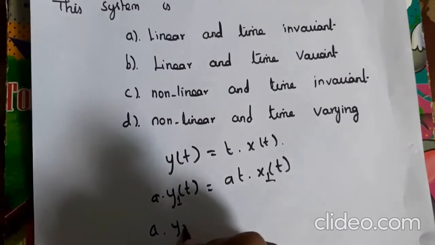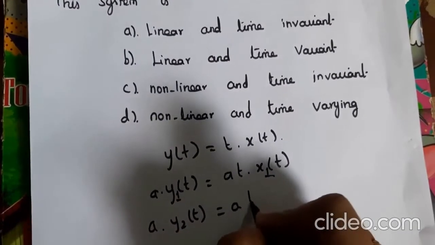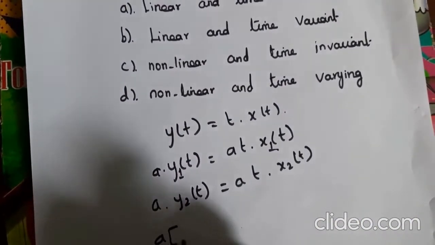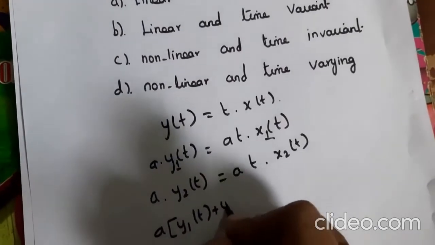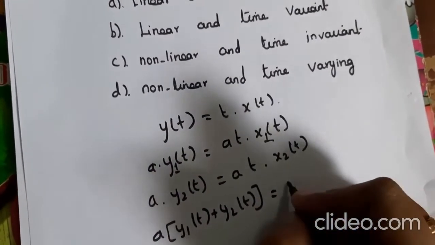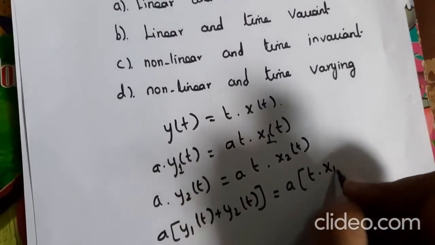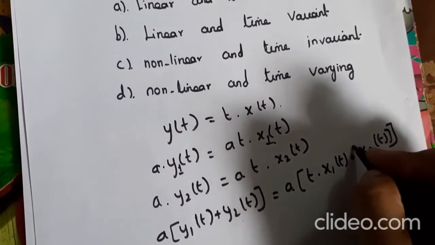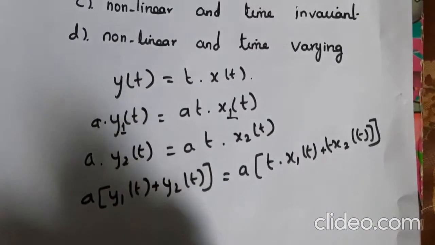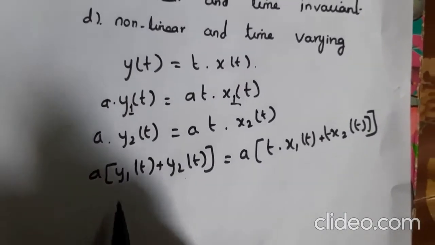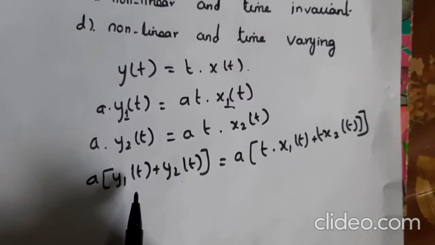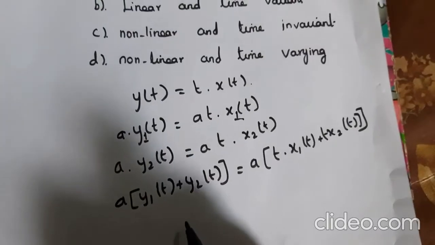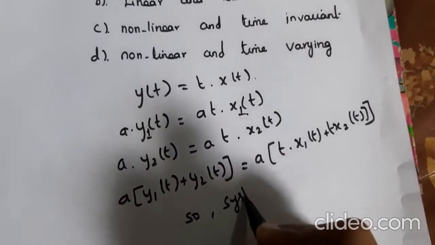Similarly, a into y2 of t is equal to a into t into x2 of t, and if we add these two, we get a into y1 of t plus y2 of t, that is equal to a into t into x1 of t plus x2 of t, so t into x2 of t. Now we get the same output, so linearity is proved. The system is linear.